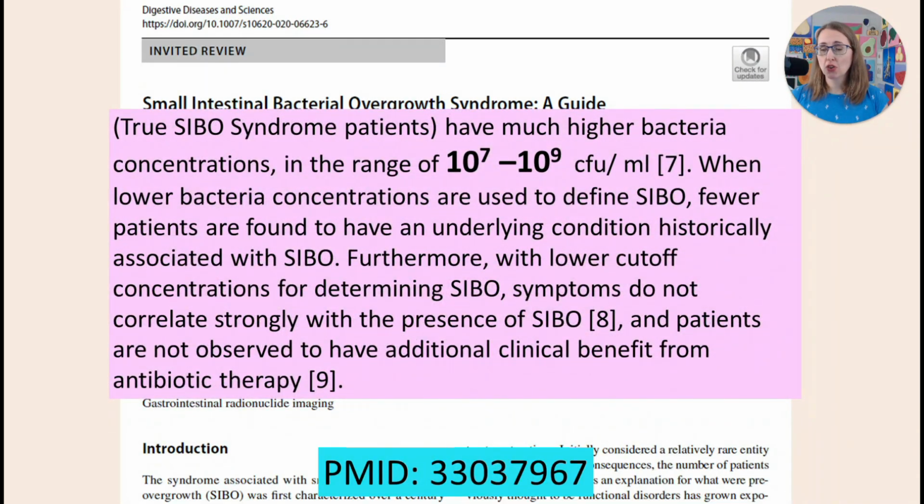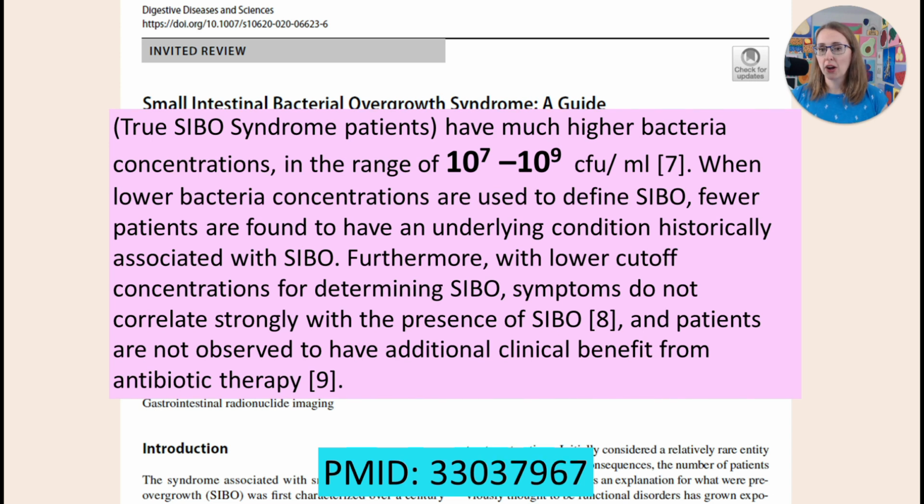True SIBO syndrome patients, so old school SIBO, the original research on SIBO, have much higher bacterial concentrations in the range of 10 to the 7th to 10 to the 9th CFU per ml. When lower bacterial concentrations are used to define SIBO, fewer patients are found to have the underlying condition historically associated with SIBO.